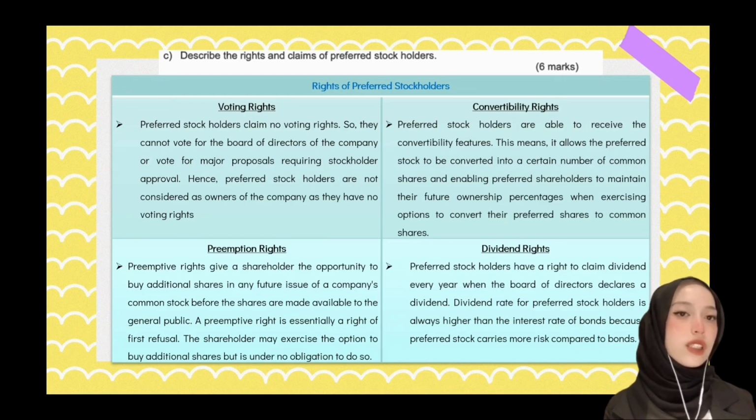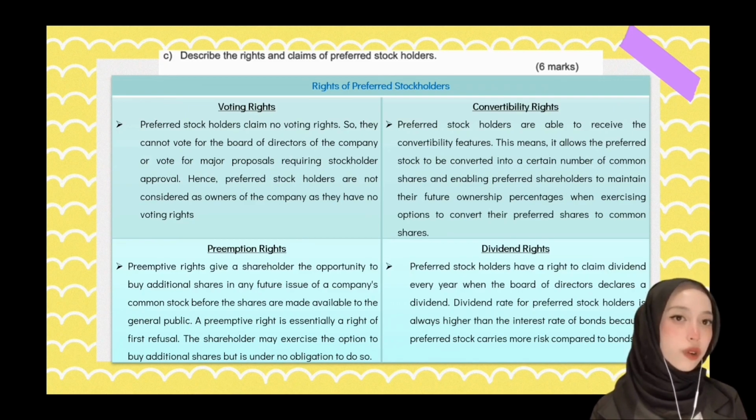This is because preferred share dividends are paid to shareholders before common stock dividends are paid out. Also, the dividend rate for preferred stockholders is always higher than the interest rate of bonds because preferred stock carries more risk compared to bonds. Common stock shareholders will not receive dividends until they are paid out to preferred shareholders.